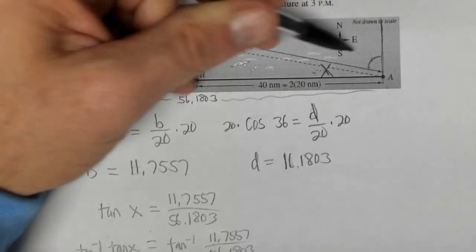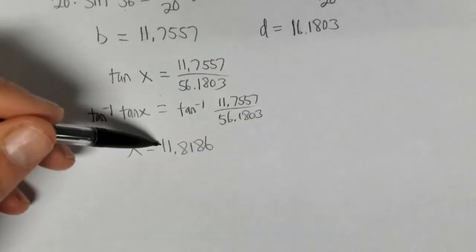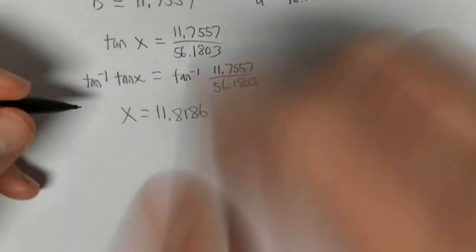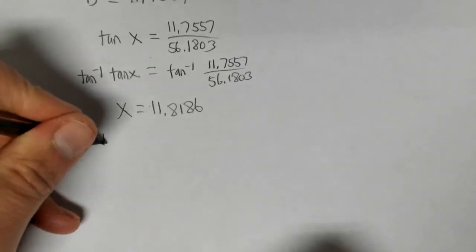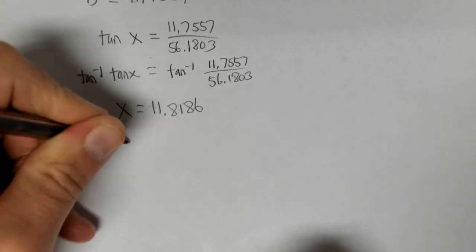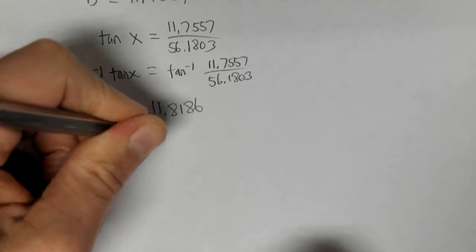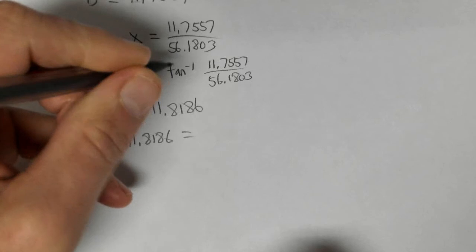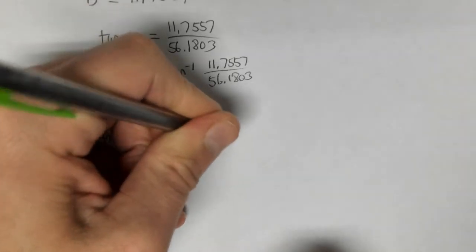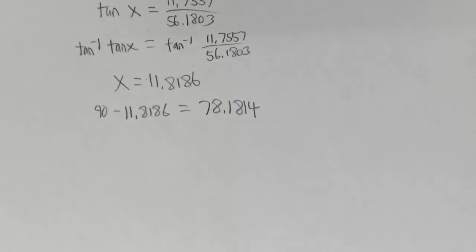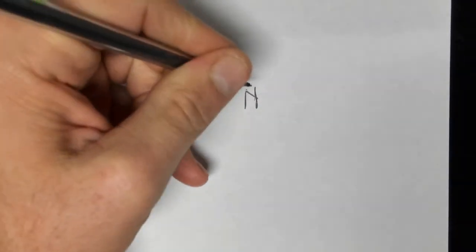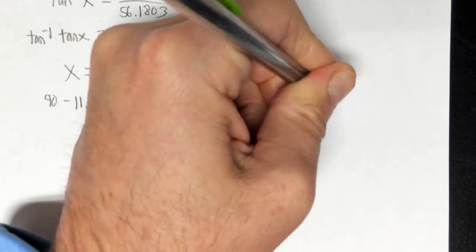Now, remember, that's this angle. But for the bearing, I need this angle. So I've got to take this 11.8186 and subtract it from 90. 90 minus 11.8186, we'll get 78.1814, and now I can write out my bearing, which is going to be north, 78, now we can round, 0.18 west.